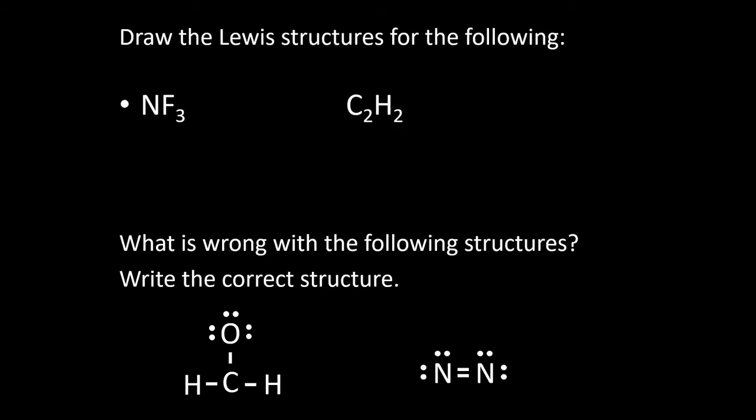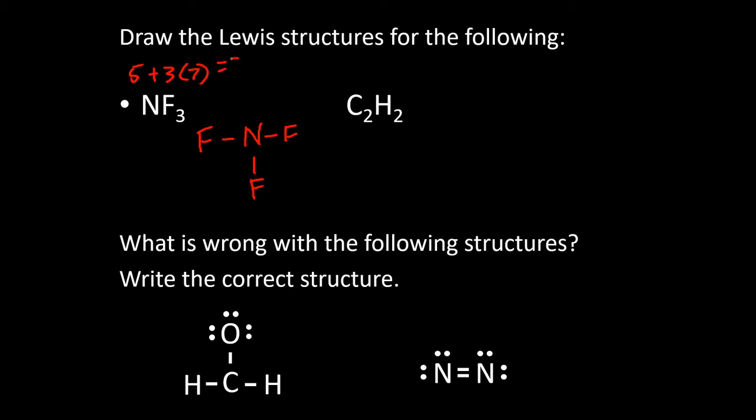All right, let's do a few more here. These are not going to break the octet rule. So this one, nitrogen is going to be in the middle because it has the most unpaired electrons. If you add up the electrons, see if I can do it correctly this time. We have 5 from the nitrogen, 3 times 7 from the fluorine.